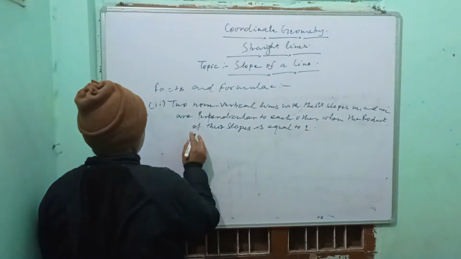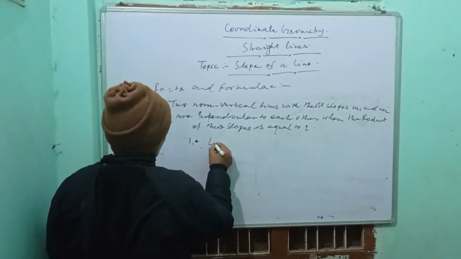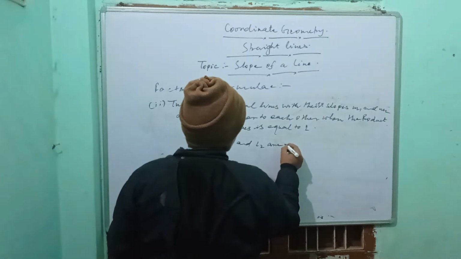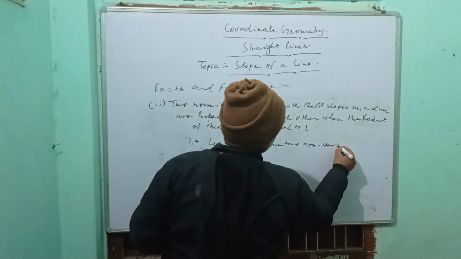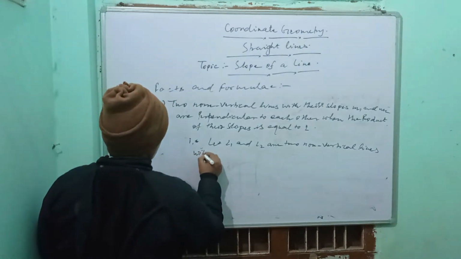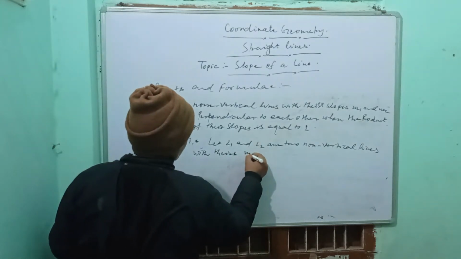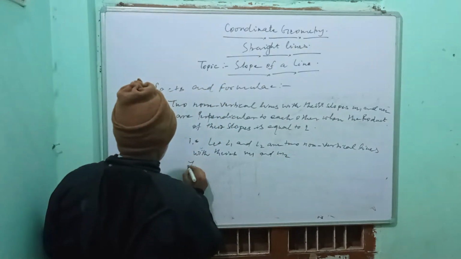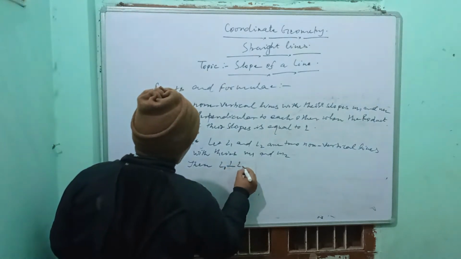That is, let L1 and L2 are two non-vertical lines with their slopes M1 and M2, then L1 is perpendicular to L2.